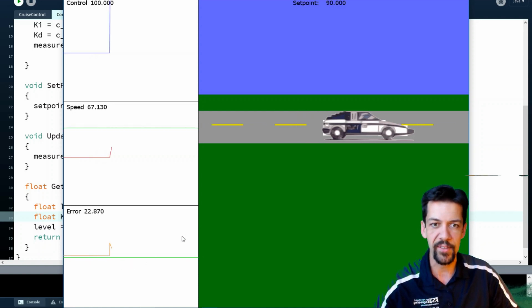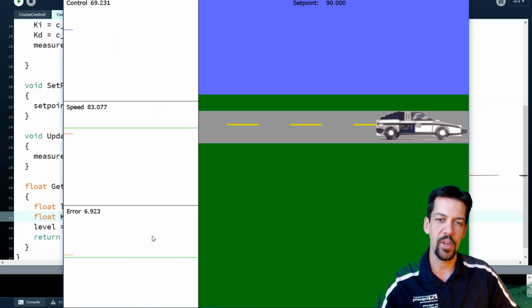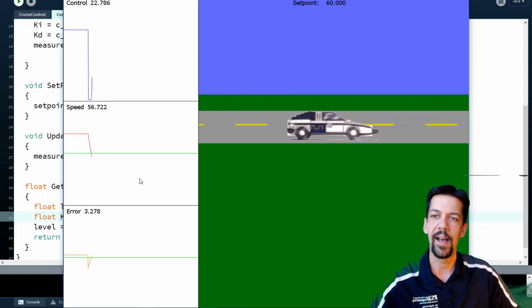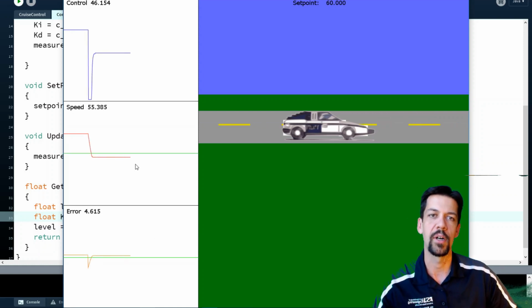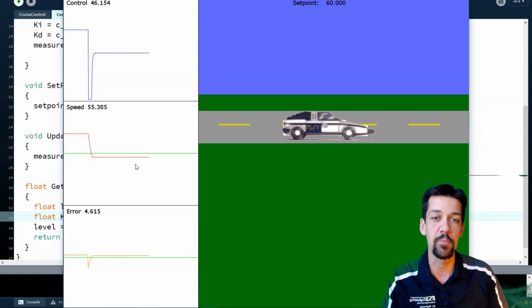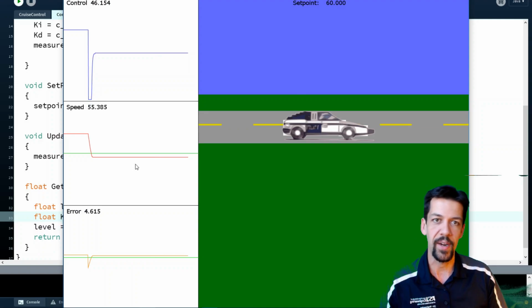Let's go really fast. Again, we accelerated up. We got really close. We're at 83.7, and our steady state error is about 7. So this is the example we have here for how a proportional controller is really simple, and it can get us most of the way to controlling a variable in a system very easily.